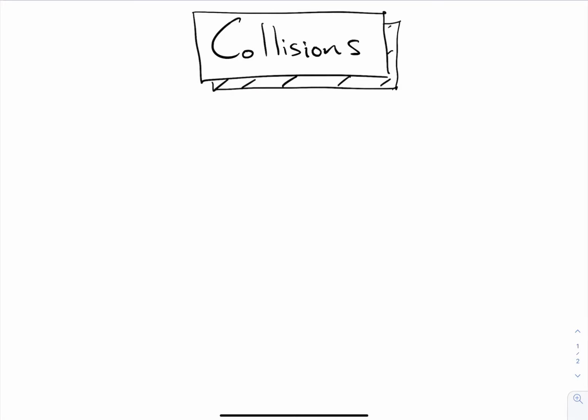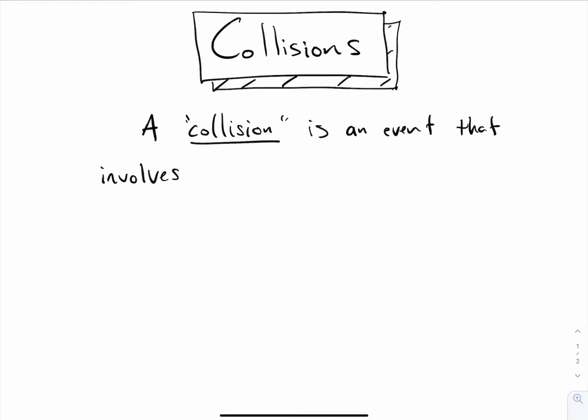A collision is an event that involves two or more bodies that interact via forces. So we'll write that. A collision is an event that involves two or more bodies that interact via force.